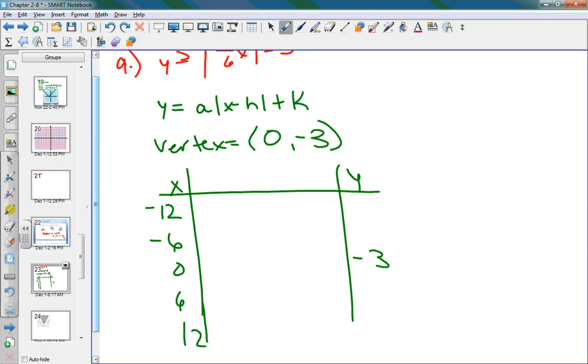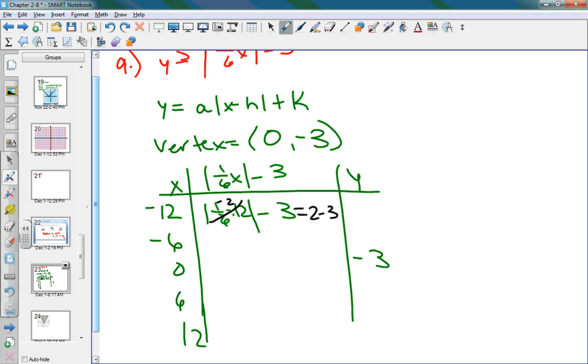Because we have an absolute value and it's symmetrical, we're going to use the same numbers on the negative and on the positive side. So if I plug in a 1/6 for X of negative 12, what is 1/6 of negative 12? In other words, what's negative 12 divided by 6? Negative 2. And what's the absolute value of negative 2? 2.